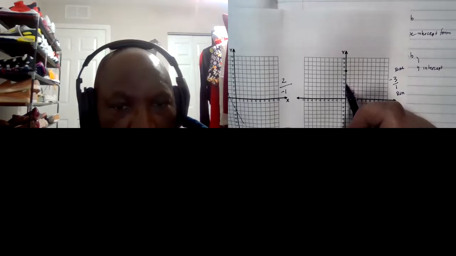Down 3 on Y, 1 over to the right on X. And that's our -3 rise, goes down the Y. +1 on run goes to the right. So X line, Y line, rise, run.